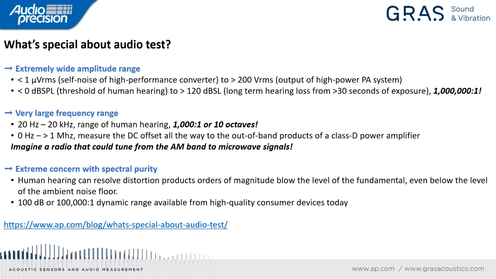In terms of just human hearing, the threshold of hearing is generally thought to be around 0 dBSPL, and humans can withstand 120 dBSPL or even as much as 140 dBSPL. Of course, there'll be some hearing loss at that upper range, but really even just within the range of human hearing, we're talking about a range of more than 1,000,000 to 1.